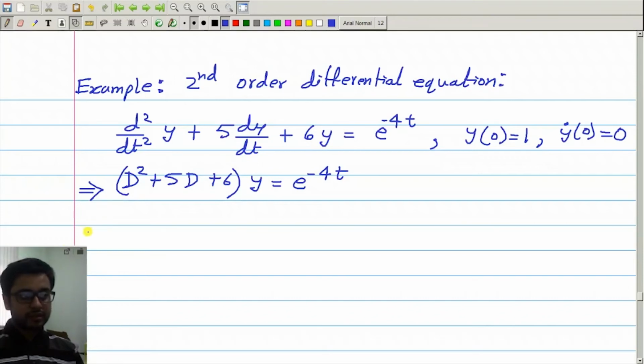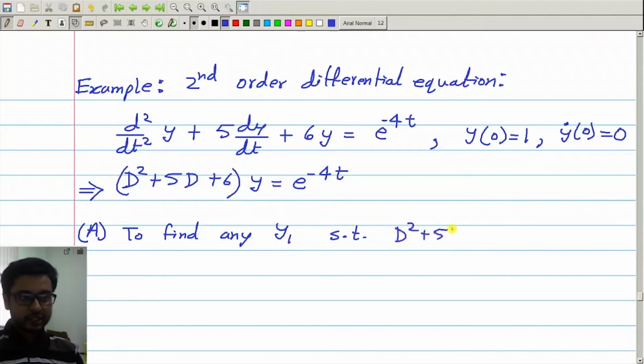Now the first thing we have to do is to find any solution y1 such that this differential equation is satisfied no matter whether the initial conditions are satisfied or not.